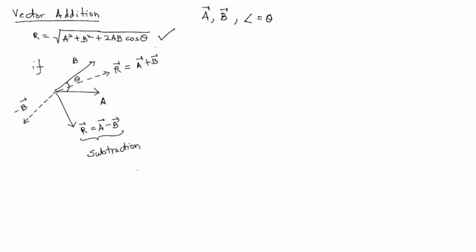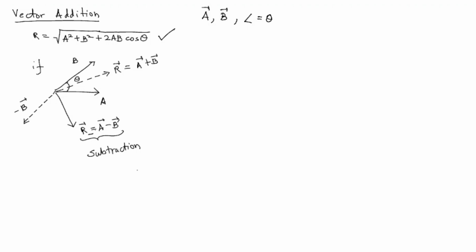Now, the resultant r vector is the sum of a vector and b vector. Now, notice that in a case we have mentioned that r vector is a vector minus b vector. So this means this is the subtraction of vectors.